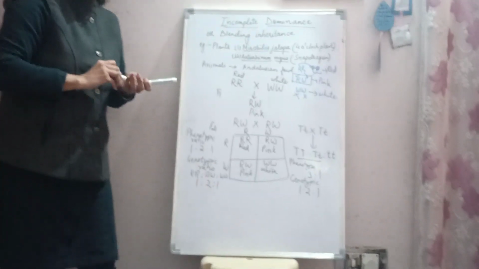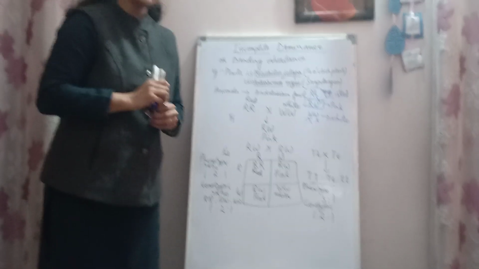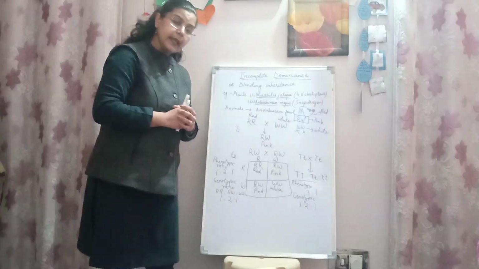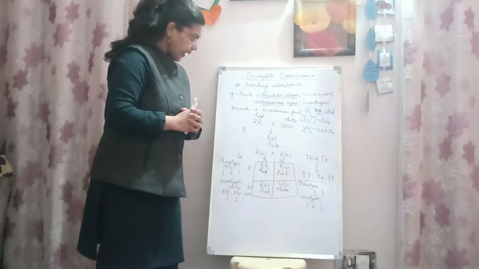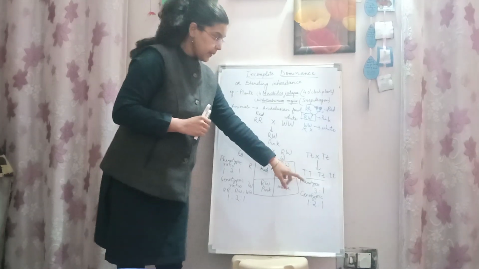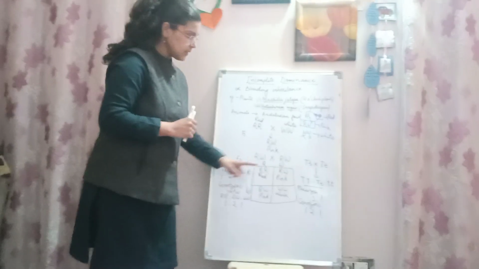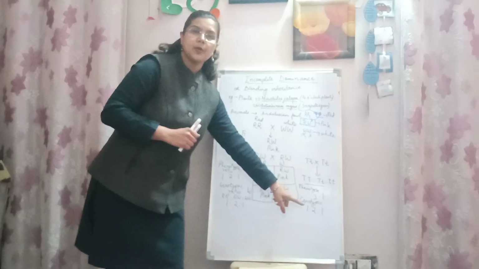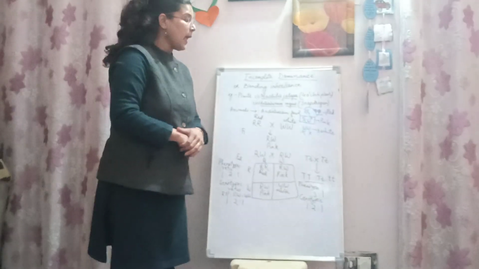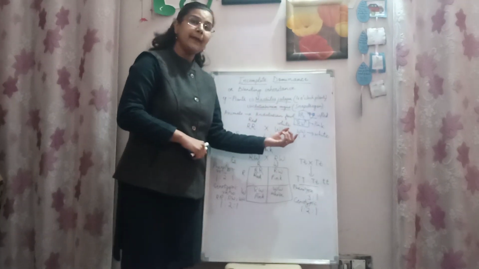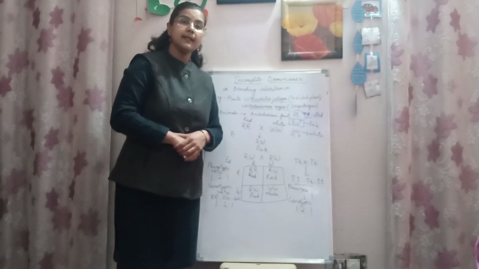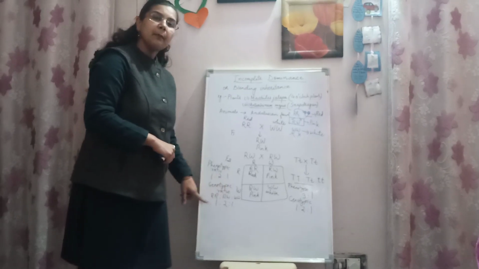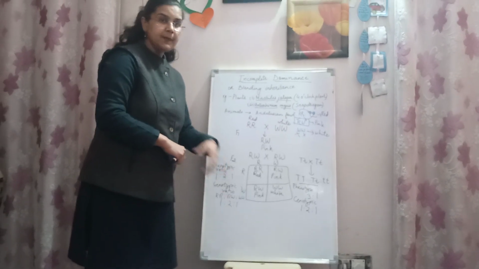So to conclude, in incomplete dominance, there is a contradiction from the Mendelian ratio in the F2 generation, where the phenotypic ratio is 1:2:1, different from the Mendelian ratio, which is 3:1. However, genotypic ratio in both the cases is 1:2:1, and there is no actual blending of the gene or the allele, since in F2 we get the parental phenotypes as well.